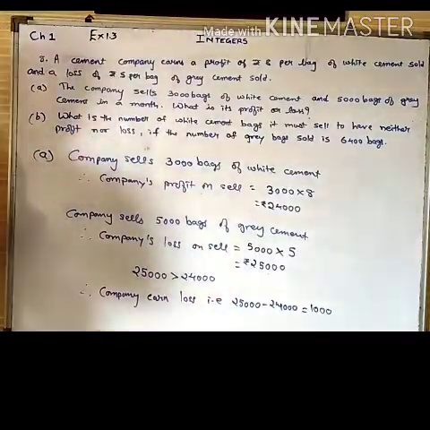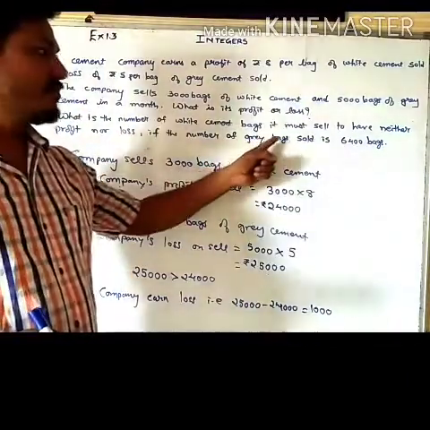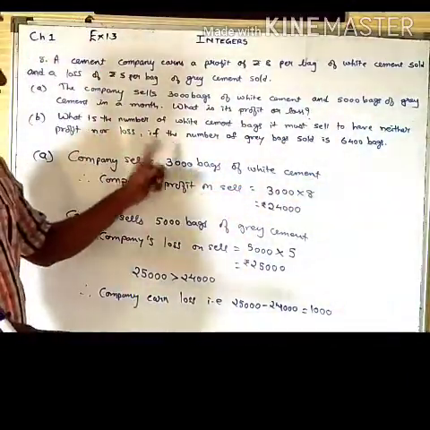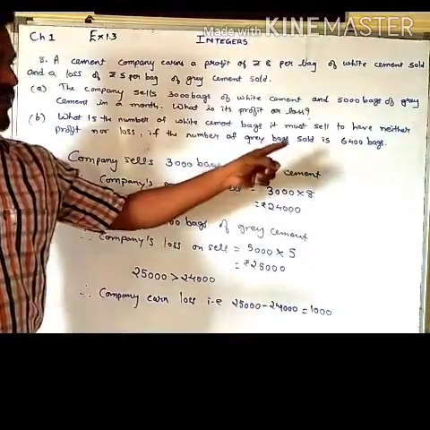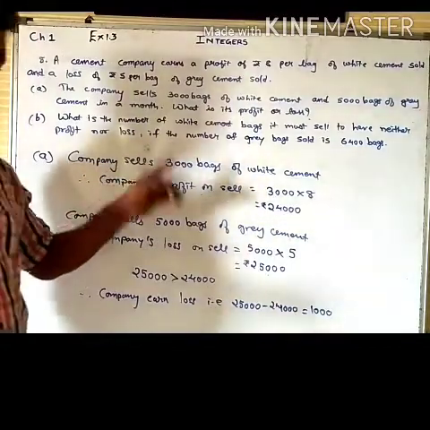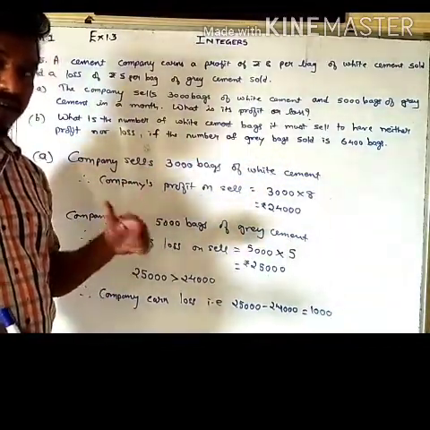Now next one. What is the number of white cement bags it must sell to have neither profit nor loss if the number of grey bags sold is 6,400 bags? Here the condition for grey cement bags is given, that is 6,400 bags sold, which means the loss value is already given.